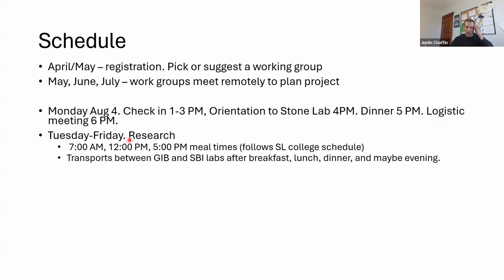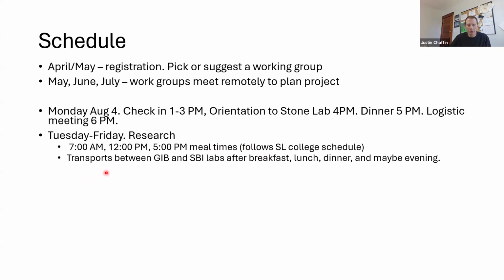Tuesday through Friday would be the research, so data collection. Depending on what your group is working on, the schedule would be different. But at Stone Lab, our meals are set at 7, noon, and 5, which again follows the college schedule.